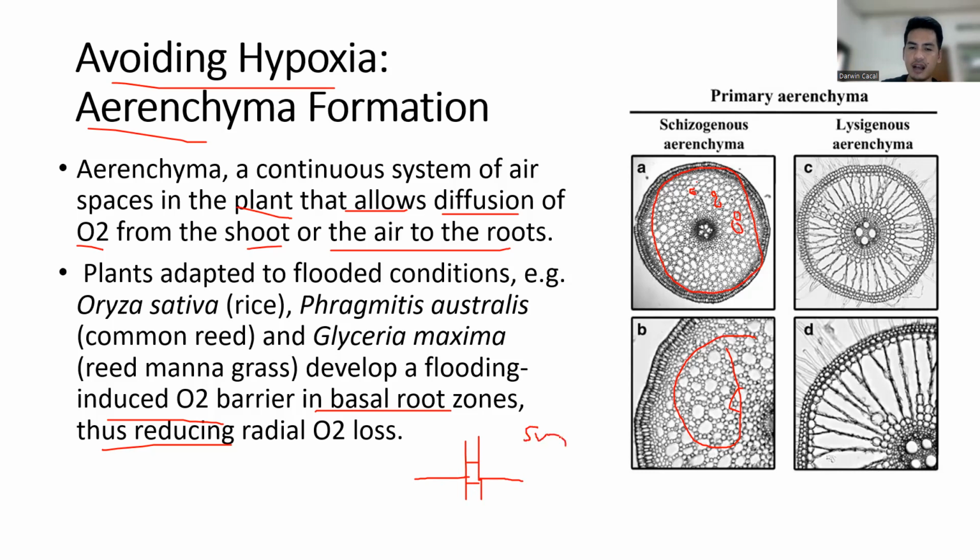sugarcane, di ba? Ang sugarcane natin, once na yung mga roots ay filled by water, meron silang kakayahan na mag-produce ng new roots based doon sa presence of nodes. Di ba? Ganyan yung ginagawa nila. Ganon din sa mga corn natin. Bakit kaya nagpo-produce sila ng roots above the water level or above the soil level?